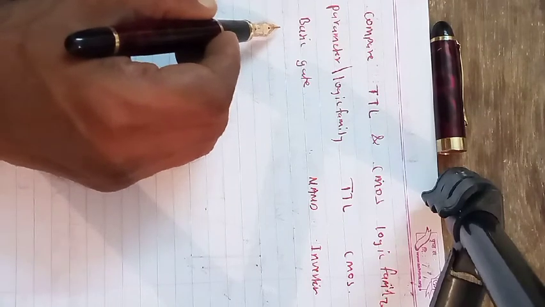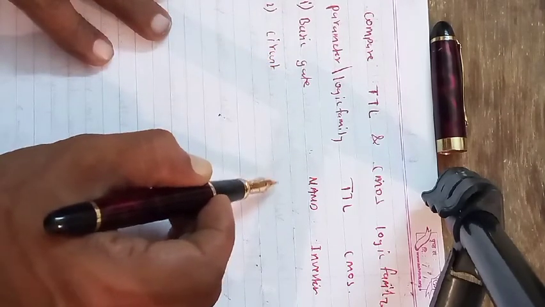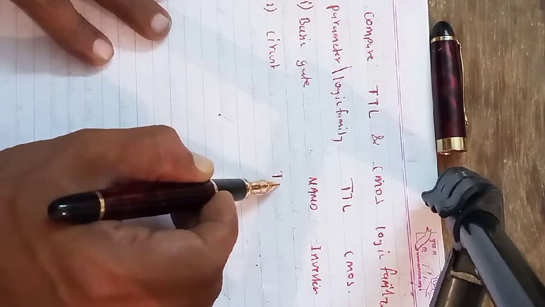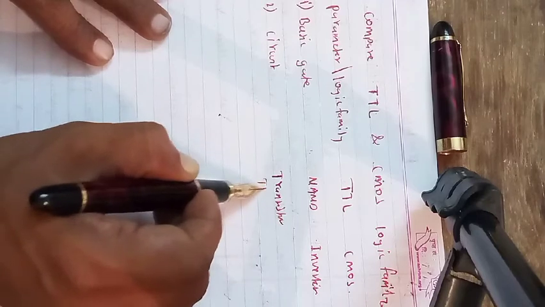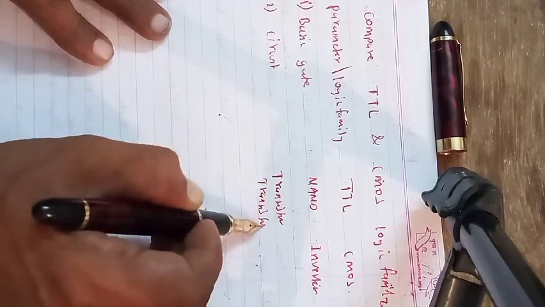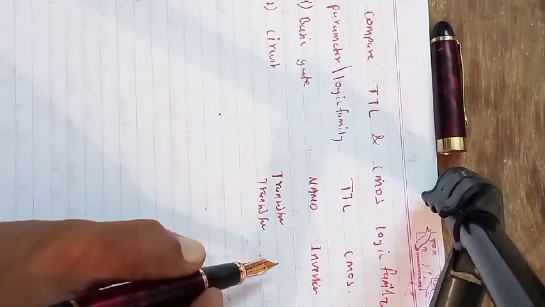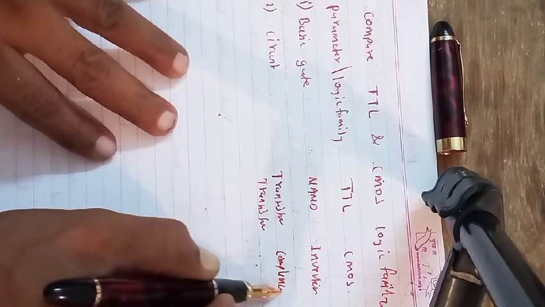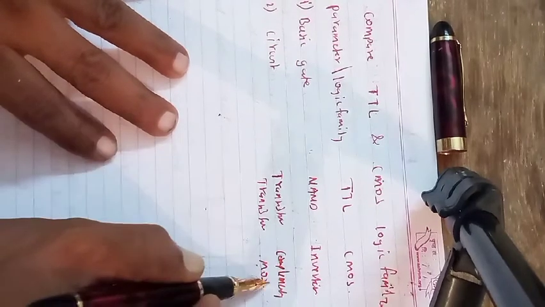Then the second part, circuit. TTL requires transistor-transistor logic. In CMOS you require complementary metal oxide semiconductor.